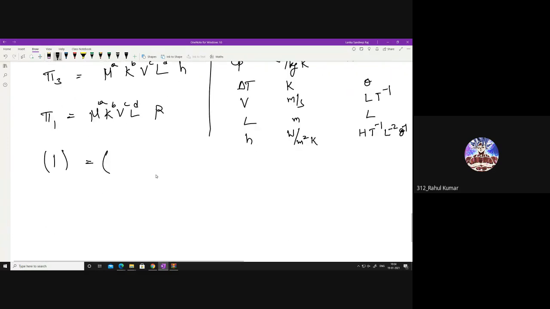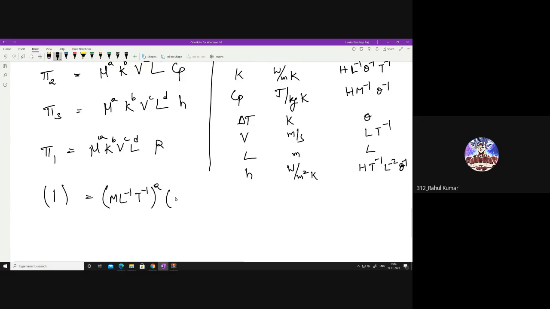For mu, what is the formula here? Tell me. M L to the power of minus 1, T to the power of minus 1, to the power A. Coming to K, somebody tell me what is the formula for K?